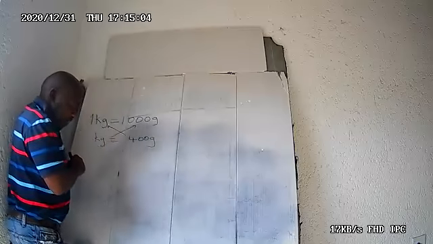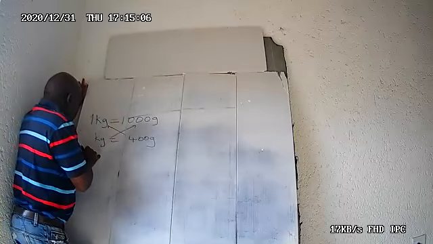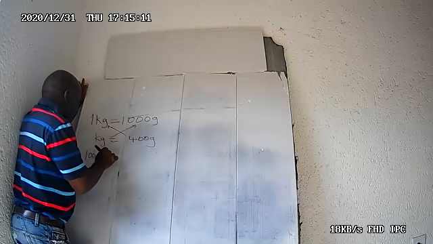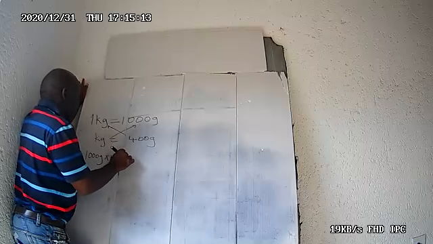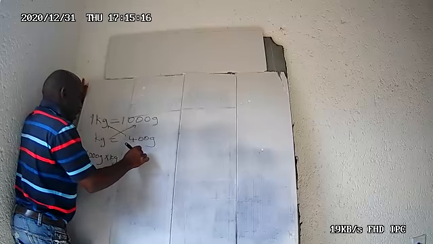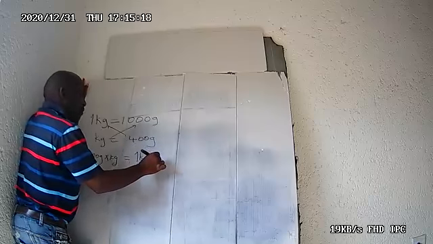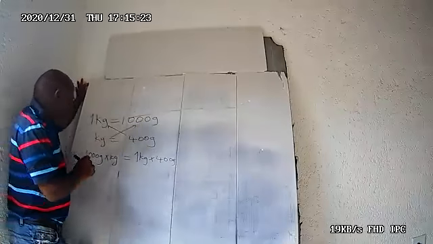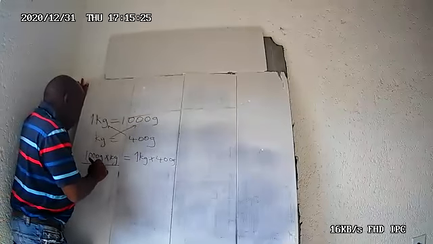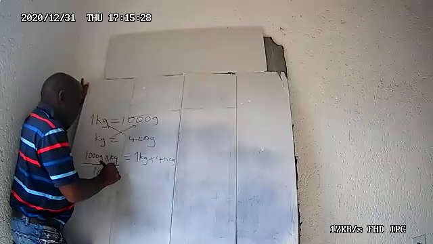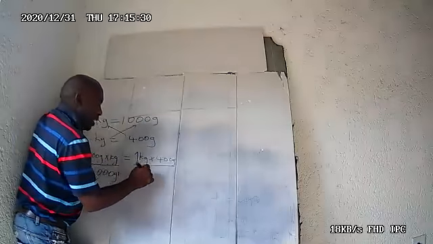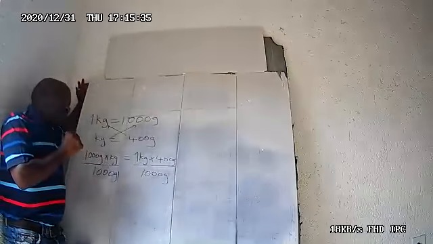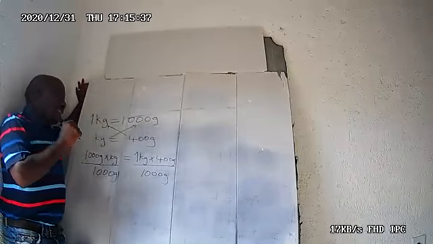That is 1,000 grams multiplied by kilogram is equal to 1 kilogram multiplied by 400 grams. Then the next step, we are going to divide both sides by 1,000 grams. The reason why is because we are expected to determine kilogram.